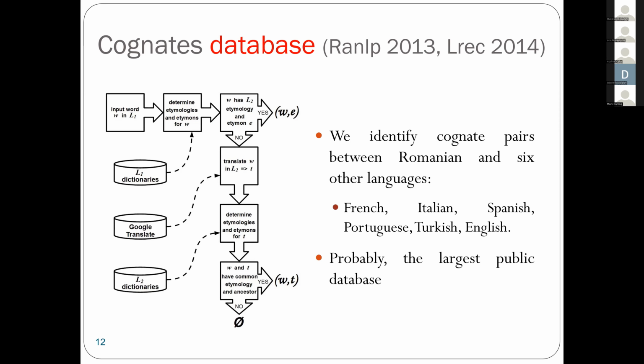Always we keep one language as the source language. We try to obtain the cognate pairs from that language in all the other languages. There are probably some errors.